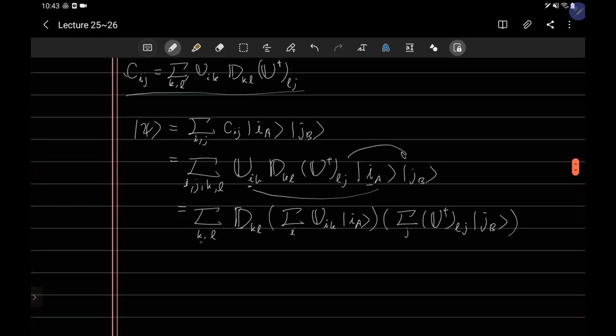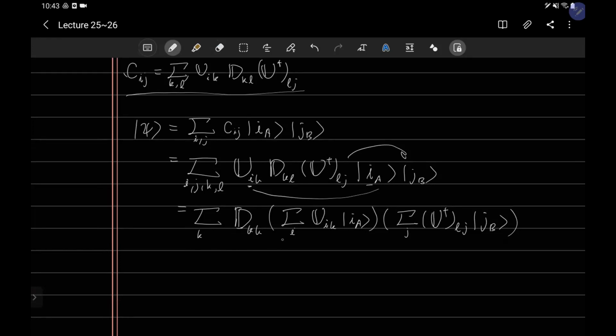So even if these K and L might have any arbitrary combination, this term will be non-zero only when K and L are the same. So in other words, we can consider this one as just a KK, like this one.